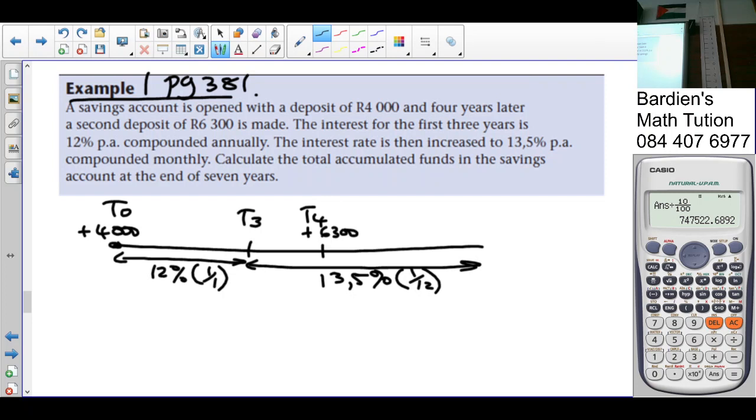Calculate the total accumulated in the fund, in the savings account at the end of 7 years. So that takes you to T7.